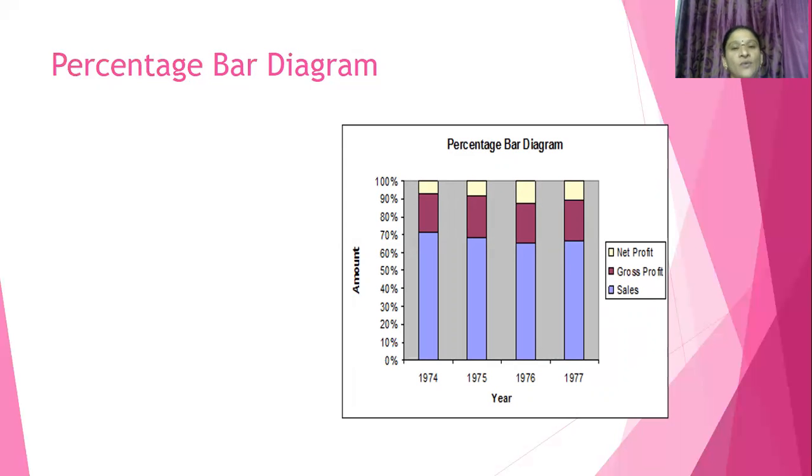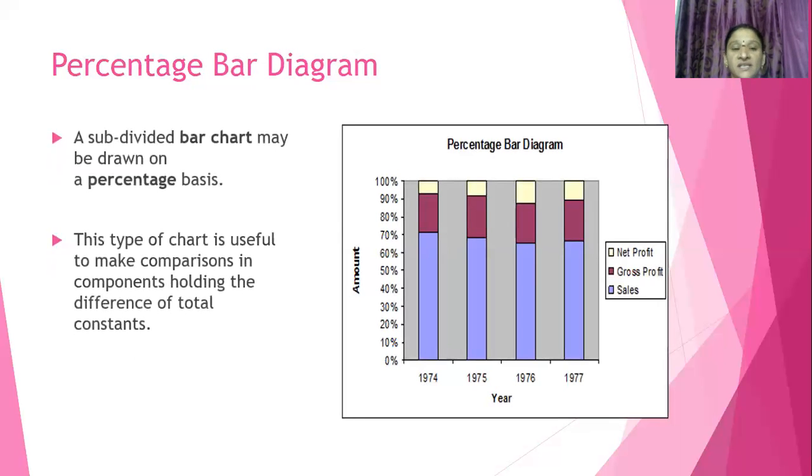But in case of percentage bar diagram, we will convert those values into percentages and then represent the data. This percentage bar diagram is useful when we need to compare the variables which are not of the same nature. So, a subdivided bar diagram which is shown on a percentage basis is called a percentage bar diagram. This is also more useful to make comparisons where the components hold the difference of total constants.